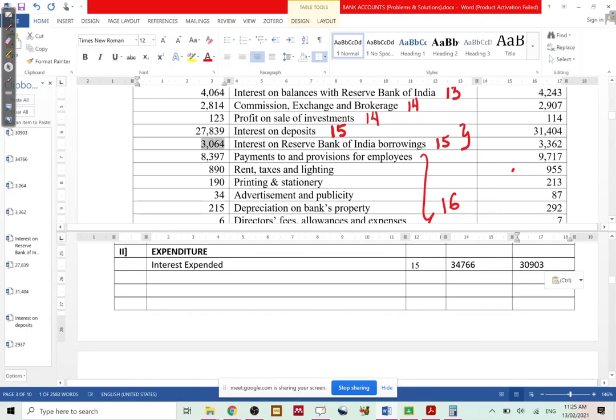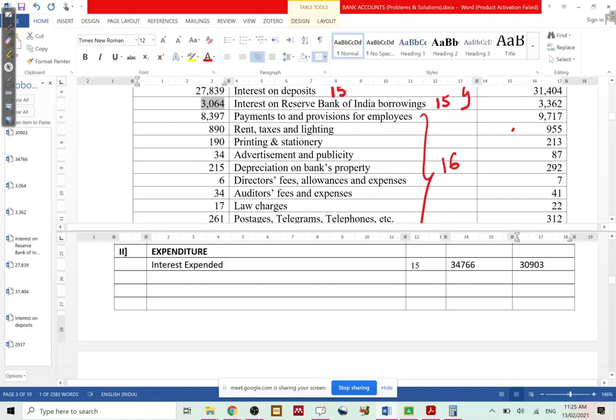Next is schedule 16, that is your operating expenses. All of these now we need to take and copy under operating expenses. Okay, so let's see. Since there are a lot of items under it, I'll try to take all of these together. Right, payments and provisions to employees.